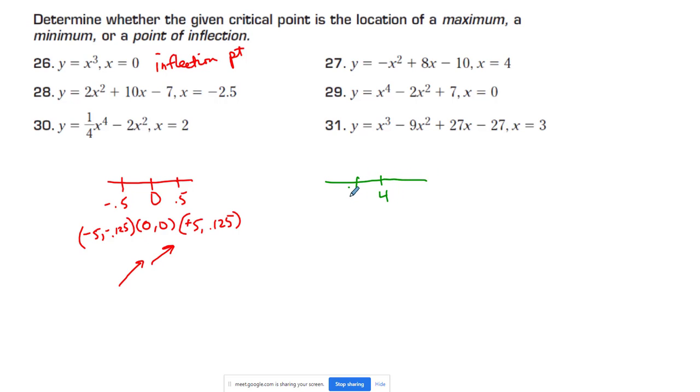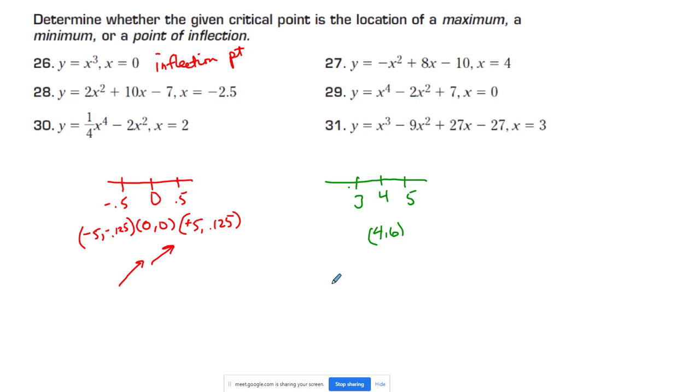And I want to check maybe, we're doing squares, so maybe check at 3 and check at 5. So at 4, a negative 4 squared is going to be a negative 16. This is 4 times 4, negative 16 plus 32, that's going to give me a positive 16. Take away 10 is going to give me a positive 6. So at 4, we have a 6 for the y value.